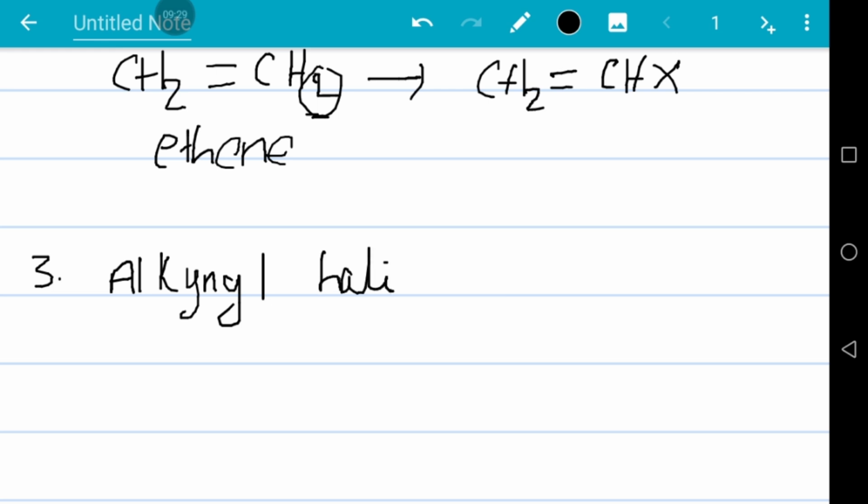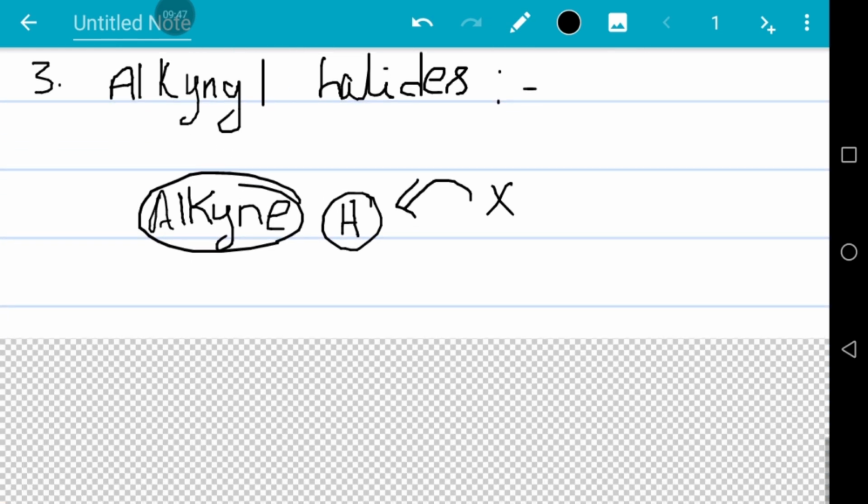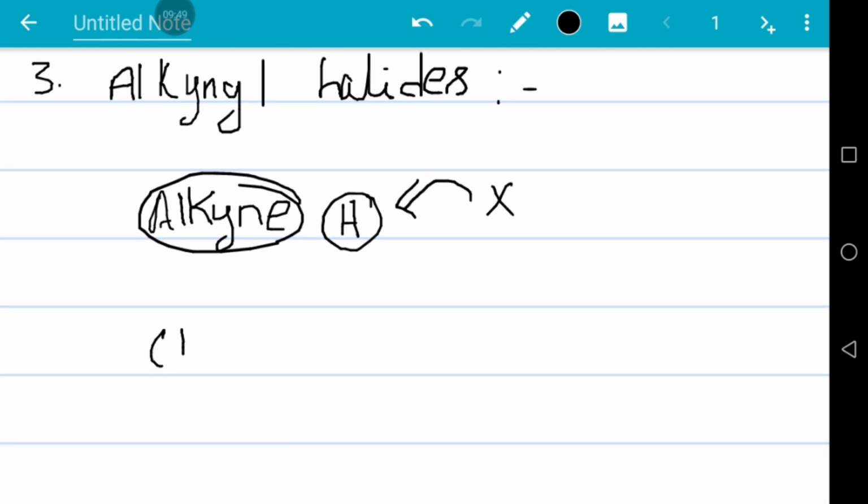alkynyl halides. So alkynyl halides means in an alkyne, hydrogen is replaced by the halogen. Then alkynyl halides will form.